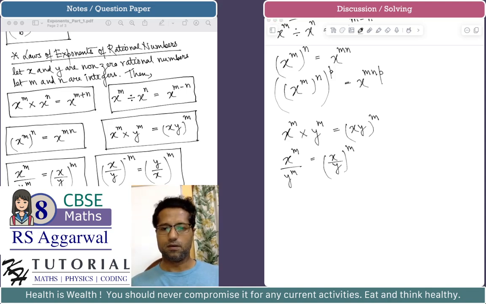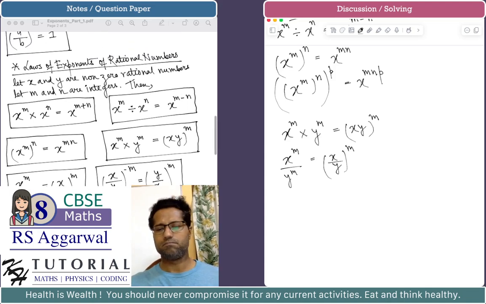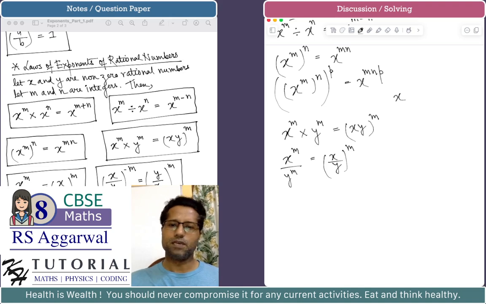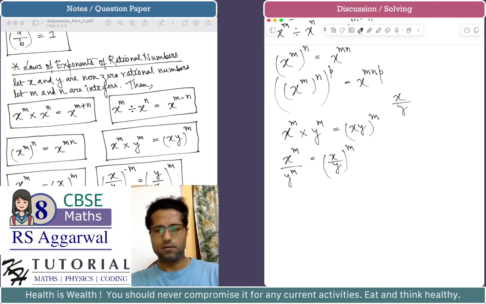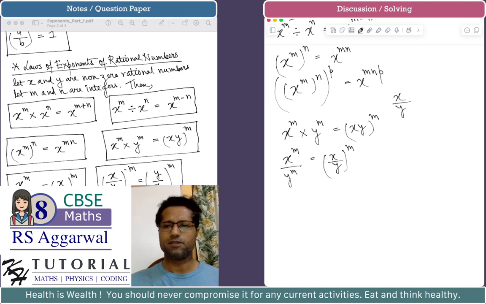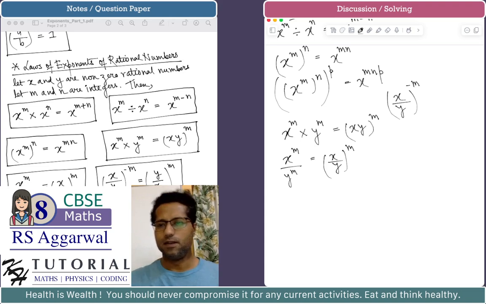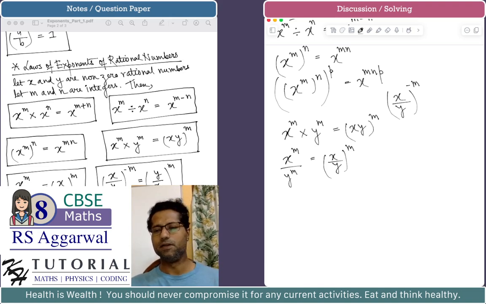Okay. What else do we have? And of course, if you have a division of two rational numbers x by y raised to some negative integral power, that is, let's say m is a positive integer, so minus m will be a negative integer.